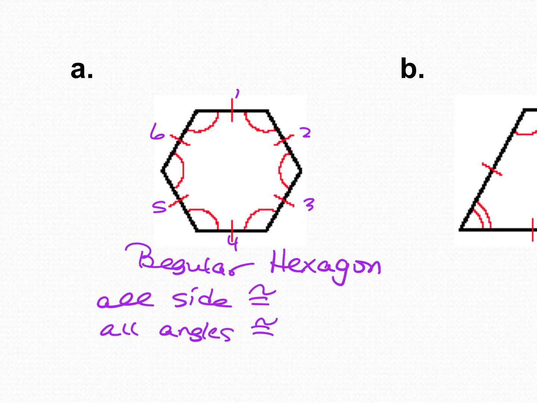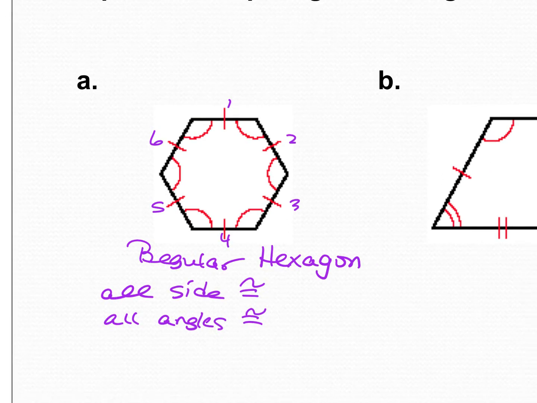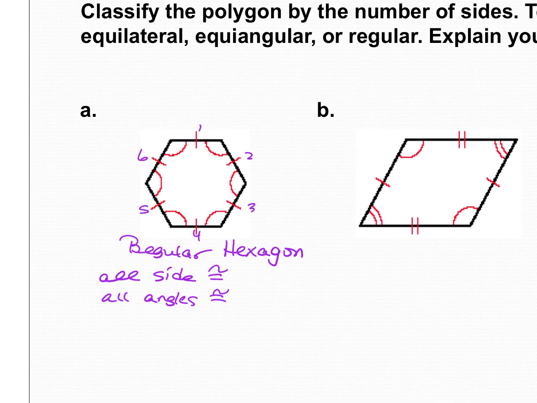Now you could also describe it as being an equilateral hexagon and an equiangular hexagon, but the better name would just be to put the word regular in front of the polygon name. The next one, notice there are no sides that have the same marks, and there are no, well, there's a pair, but I don't have all 4 sides here the same, and all 4 angles are not the same.